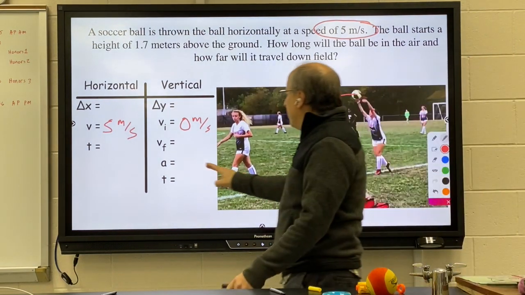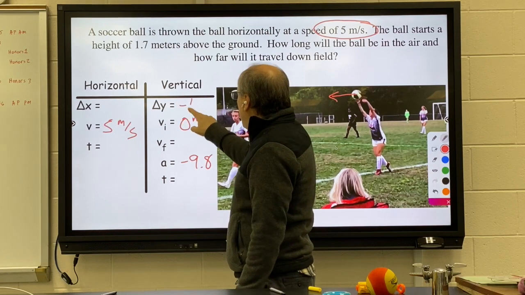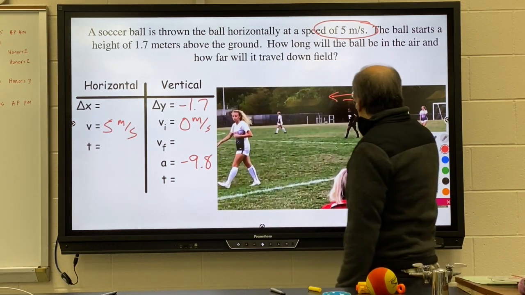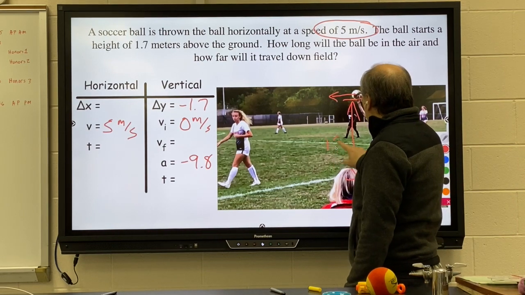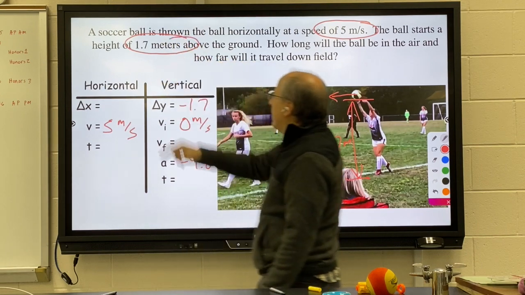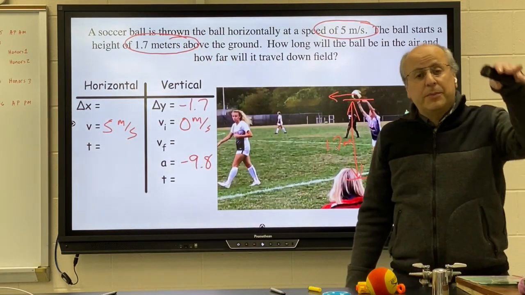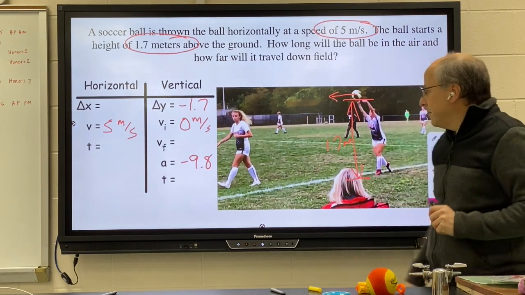The planet is Earth. And the change in height is from the ground up 1.7 meters. You make it negative because the ball is going to go down 1.7 meters during its flight.